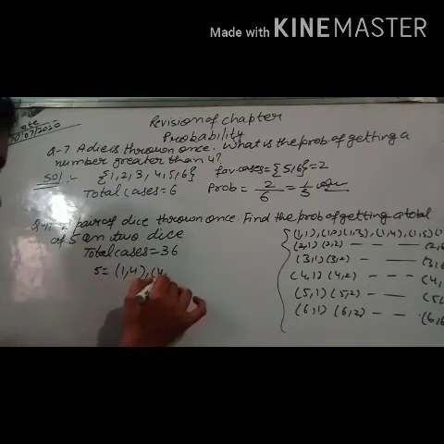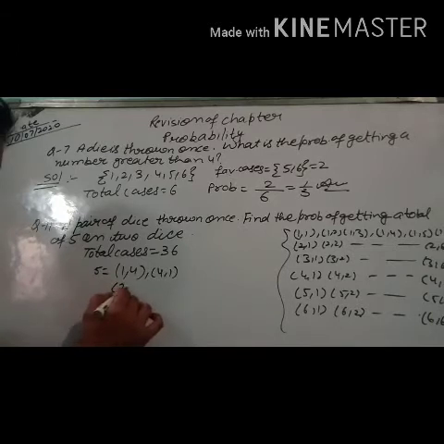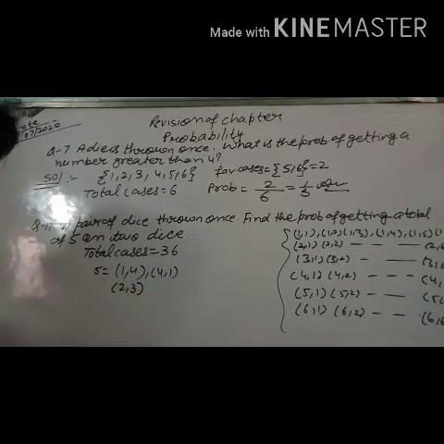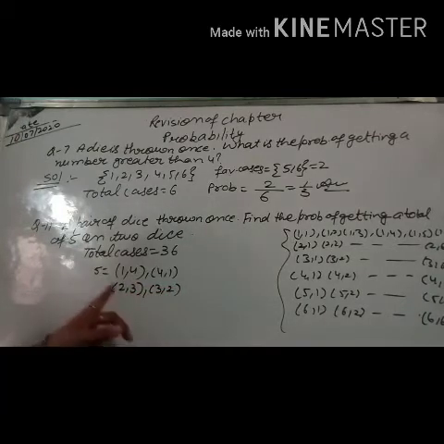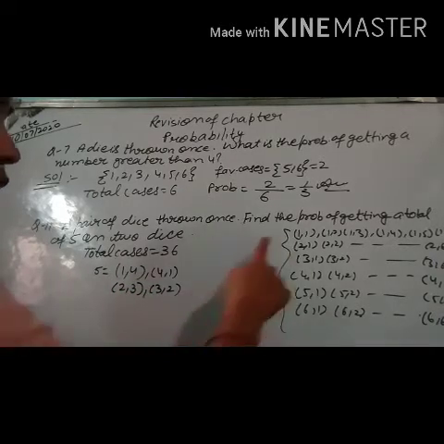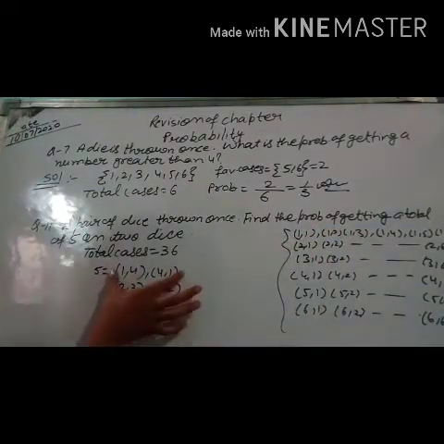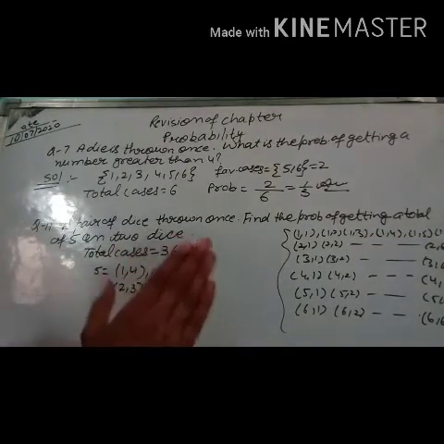Next one is 4 1, yes, 4 plus 1 is also equal to 5. Next is 2 3, yes, 2 plus 3 is equal to 5. And next is 3 2. And no other case exists when the sum is equal to 5, because out of these cases only these cases exist when we obtain sum equal to 5.